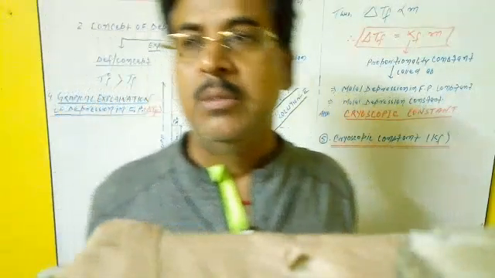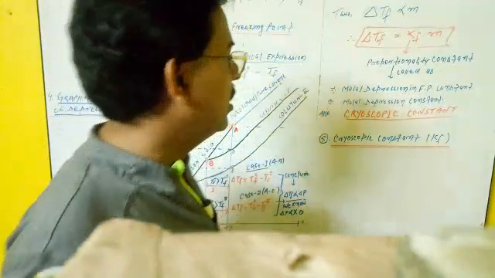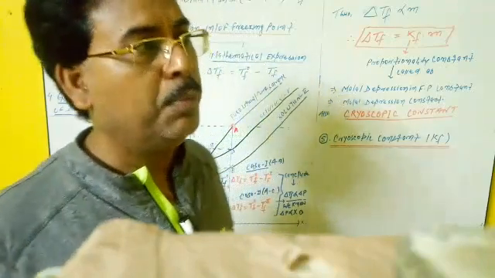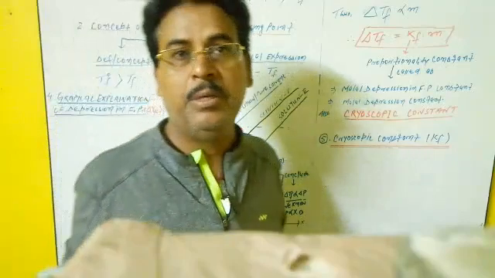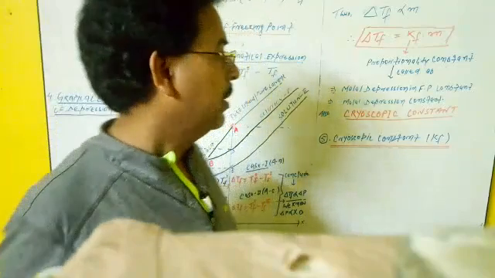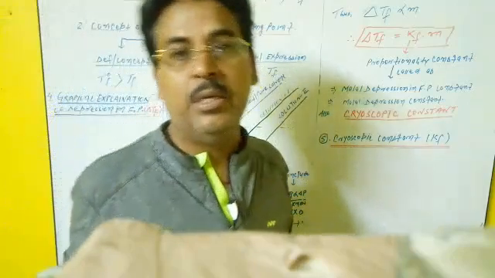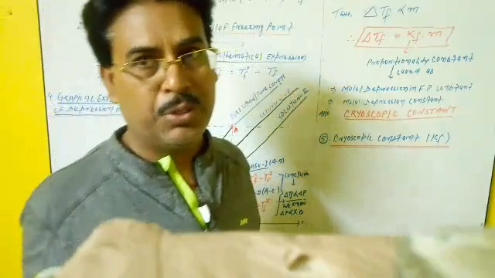The next topic is how depression in freezing point is a colligative property, and the last topic is determination of molar mass of a non-volatile solute using the colligative property depression in freezing point. During this, one term is also introduced, the molar depression constant, also called the cryoscopic constant.